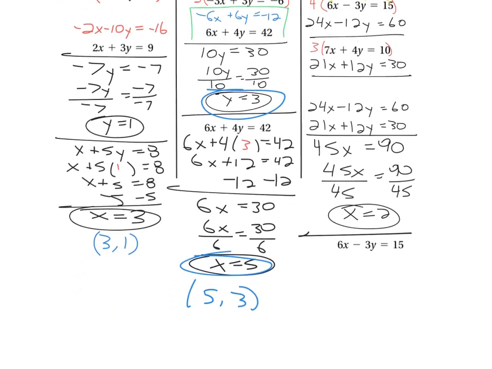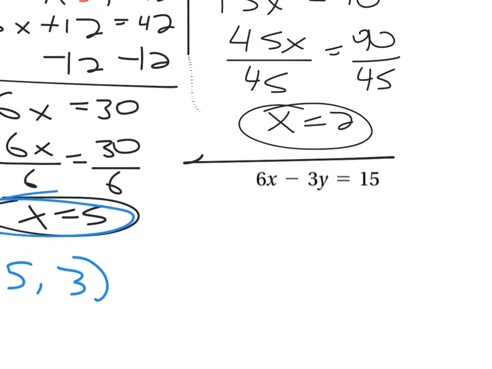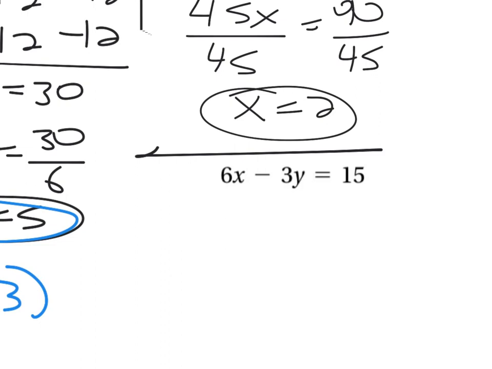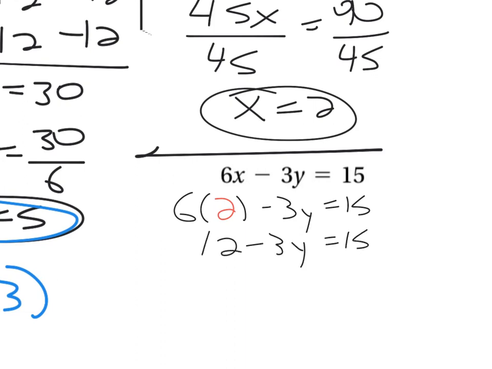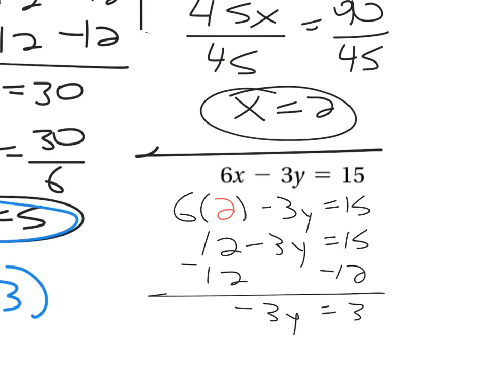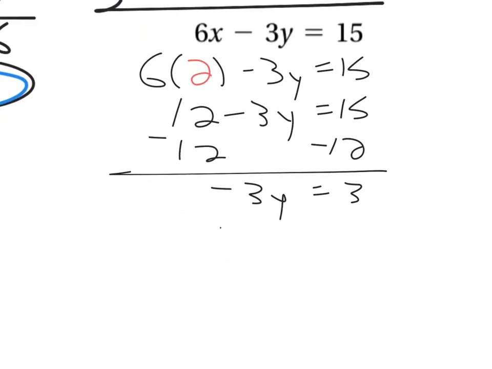Zoom in on it, and we've got 6 parentheses 2 minus 3y equals 15. 12 minus 3y equals 15. Minus 12, minus 12. We got negative 3y equals 3.